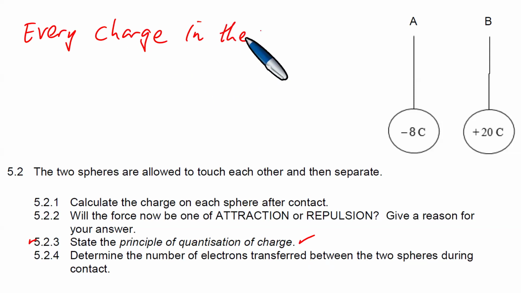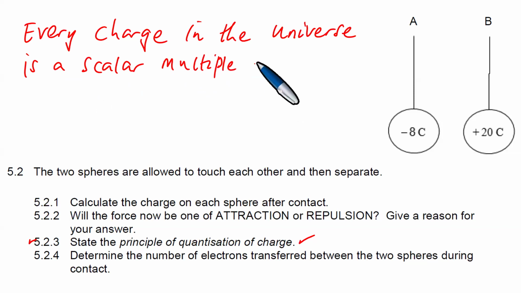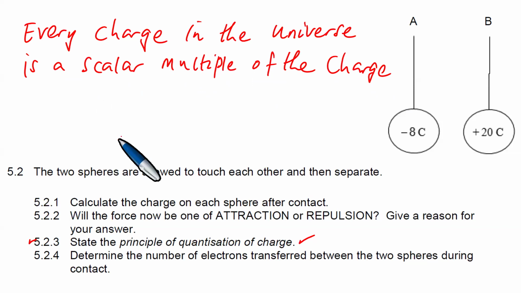So every charge in the universe, this is the principle: every charge in the universe is a scalar multiple of the charge of a single electron.